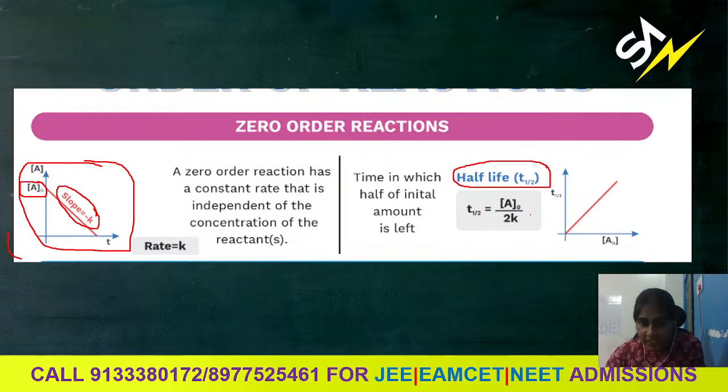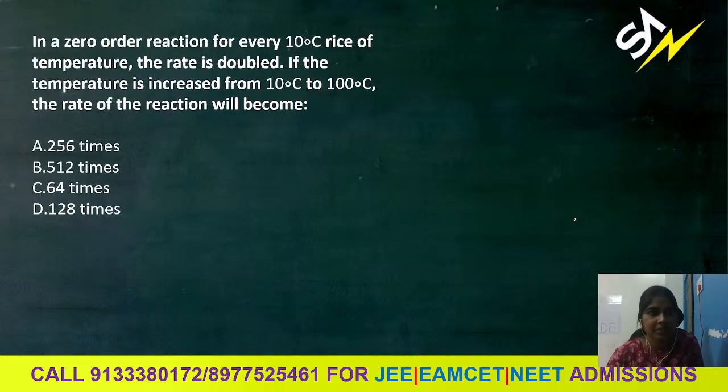Here T half is equal to the concentration of A by 2K. Remember this. For every reaction, remember the rate equation and the half-life period. In the half-life period graph, on the Y-axis there is T half and on the X-axis there is a concentration term. It is shown as a straight line from the origin. This gives the zero order reaction.